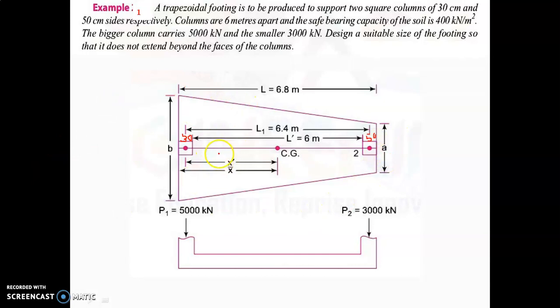Now columns are 6 meter apart, meaning the length between the two columns is 6 meter, that is L dash.